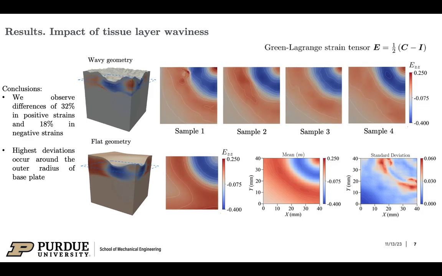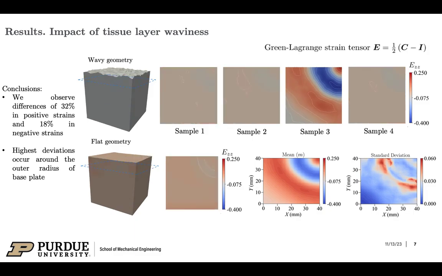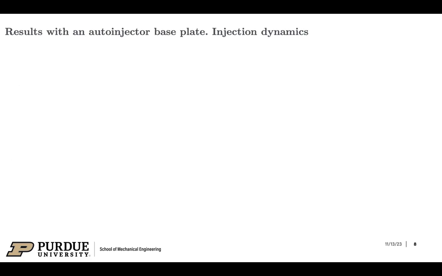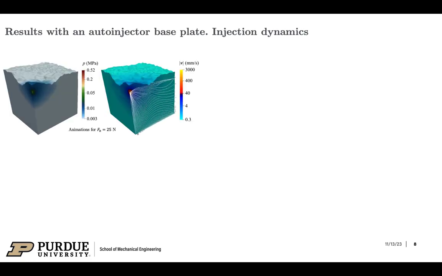So from these results, we conclude that the tissue layer waviness is important to obtain realistic results in terms of overall mechanical response. Now we study the impact of the auto-injector baseplate on the injection dynamics.